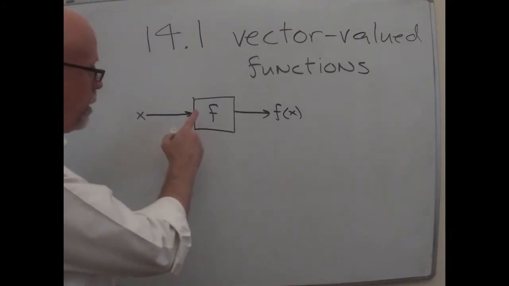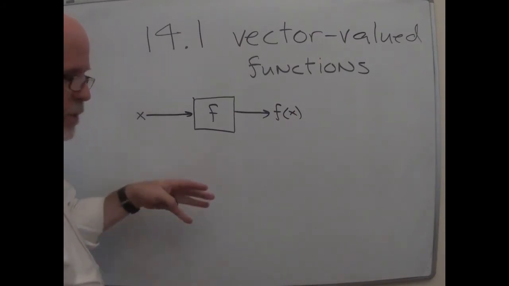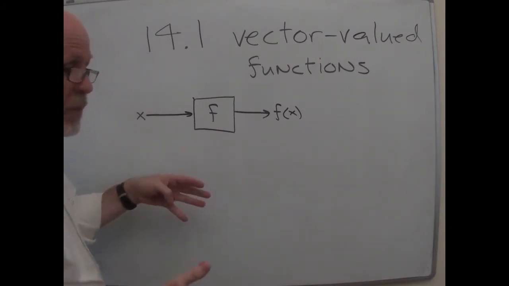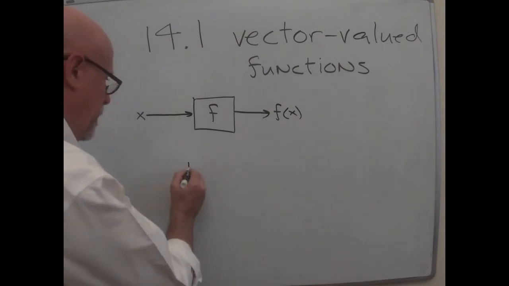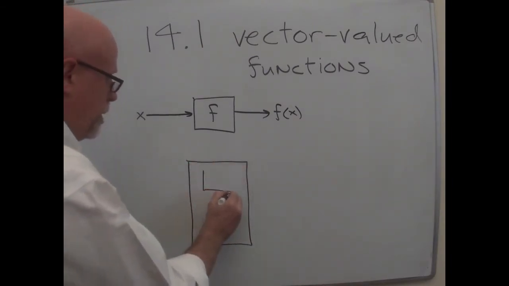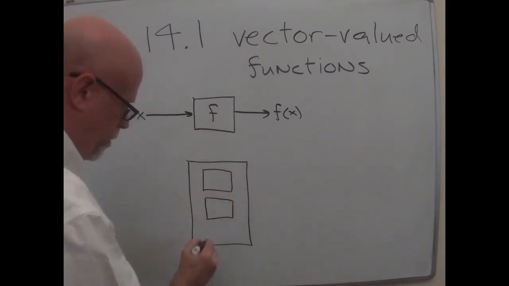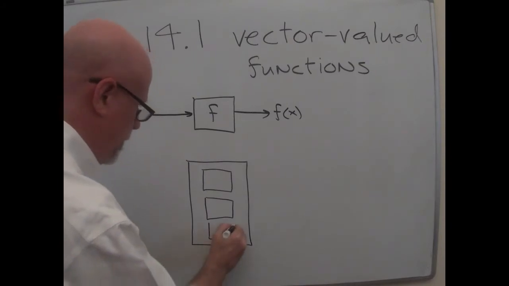You can take a group of functions like this, actually just three of them, and imagine them as the ingredients to building a bigger black box. So you have a big black box, and inside of it there's a set of these little functions. There's usually three.